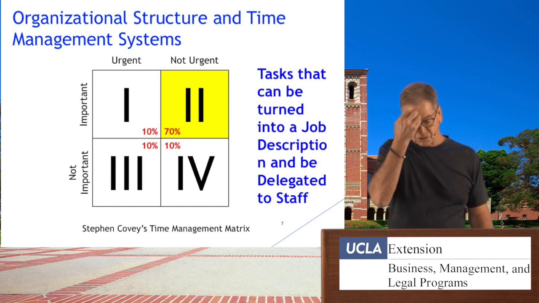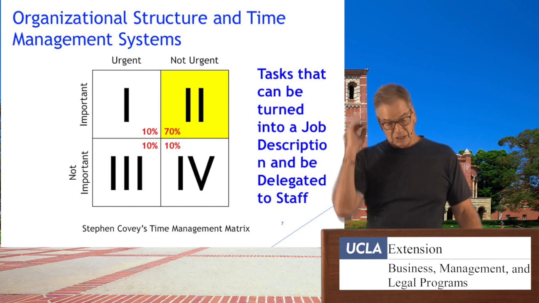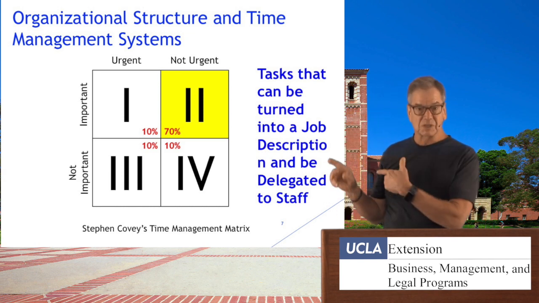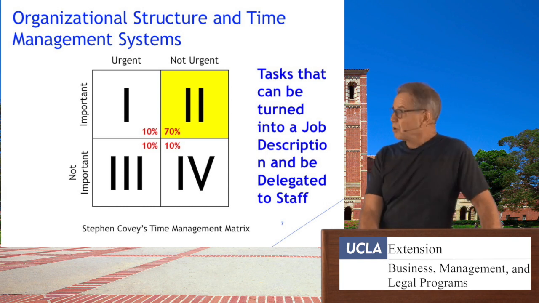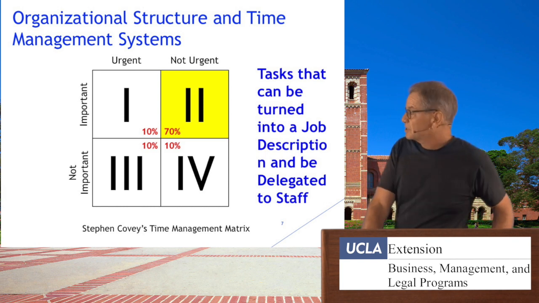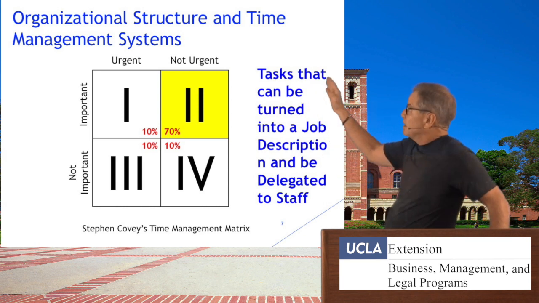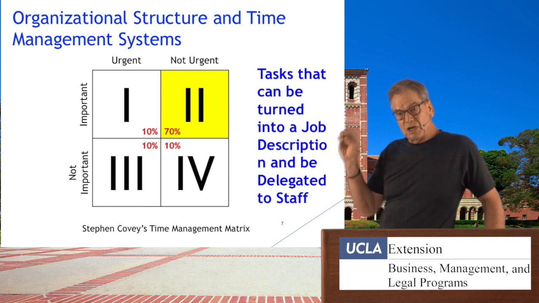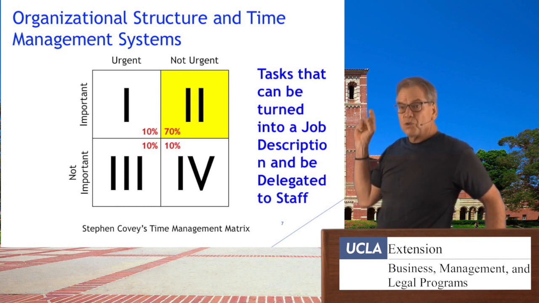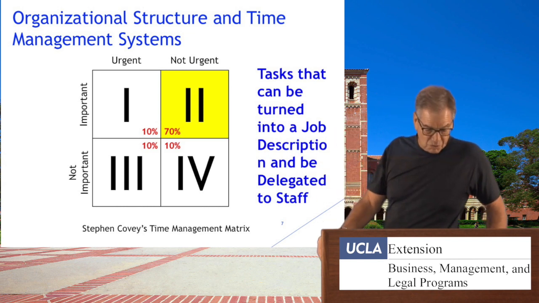So we want to make sure that we have a scalable organizational structure, and we have some examples in just a bit on how that can be done. But the most important thing for you to understand, and usually this is about 70% of our time, is that anything that we can develop a job title and job description for, those are things that we would assign to quadrant 2.